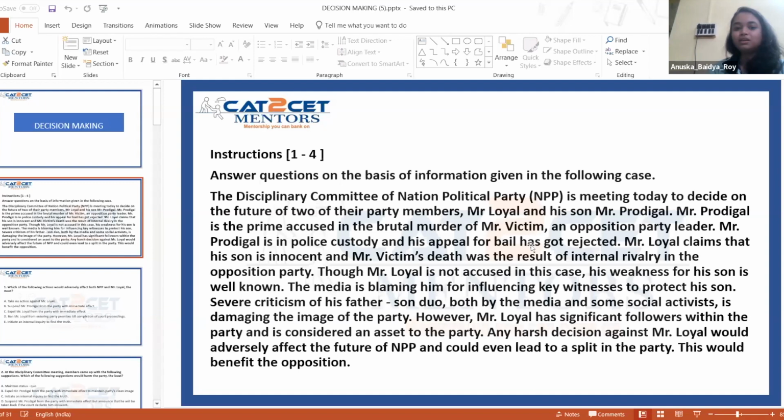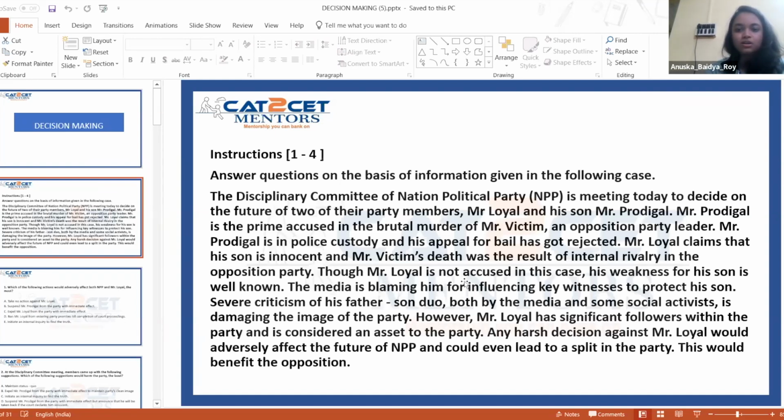So what is the case? There is a political party. There is a father and a son. The son is accused of murdering someone from the opposition party. Now Mr. Prodigal is in police custody and his bail has got rejected. Mr. Loyal claims that his son is innocent and Mr. Victim's death was the result of internal rivalry in the opposition party. So obviously the father is trying to defend the son.